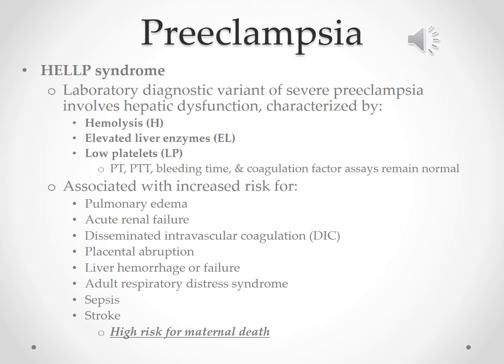The rate of preterm birth with women who have HELLP syndrome is approximately 70%, and 15% of these can occur before 28 weeks. So that's pretty significant. And most of the perinatal deaths that occur before 28 weeks are in association with abruption or severe IUGR.